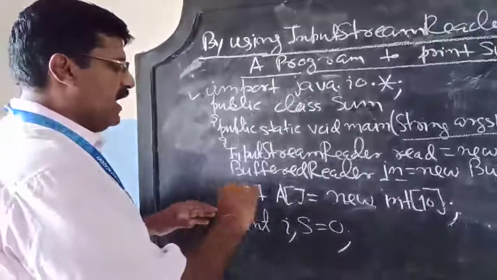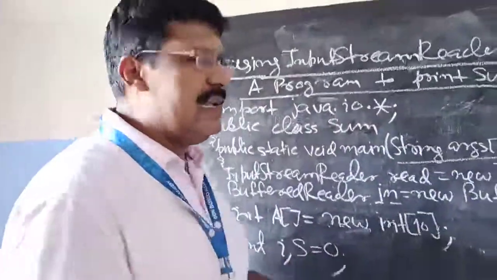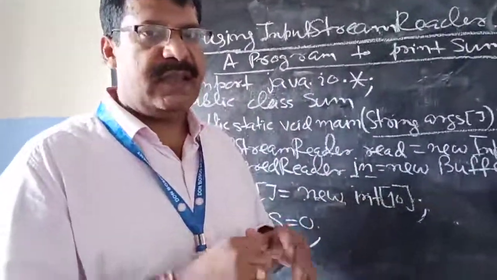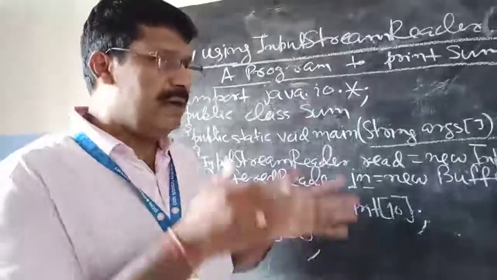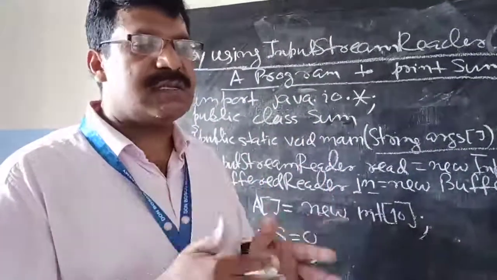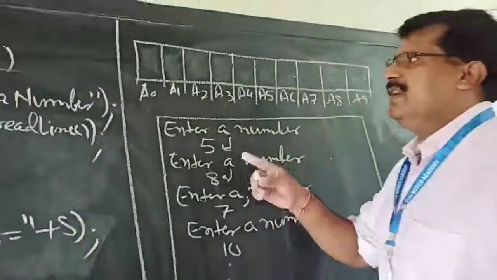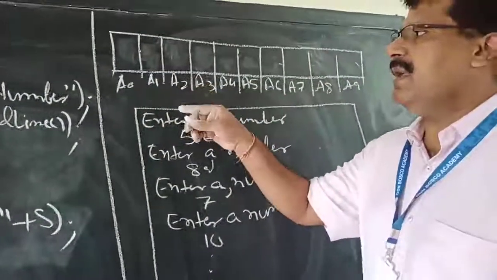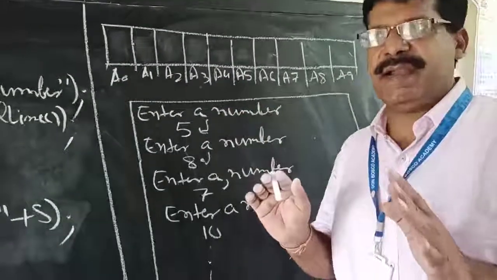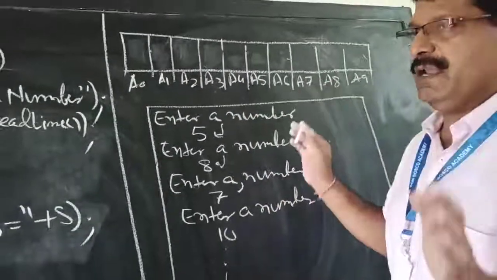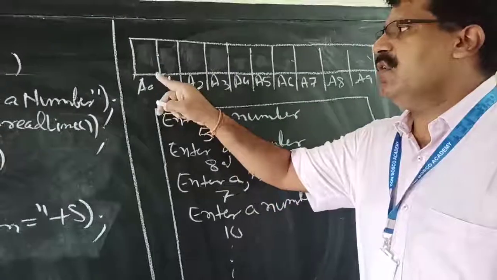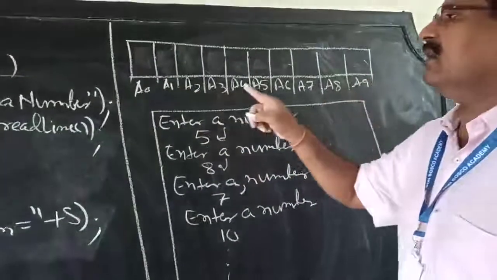So what will this line do? This line will declare an empty array in the memory and it will divide that array into how many blocks? 10 blocks, 10 parts, like this. So when the array is declared, the array name we have given is A, so a space will be occupied in the memory, and it will be named from A0 till A9.